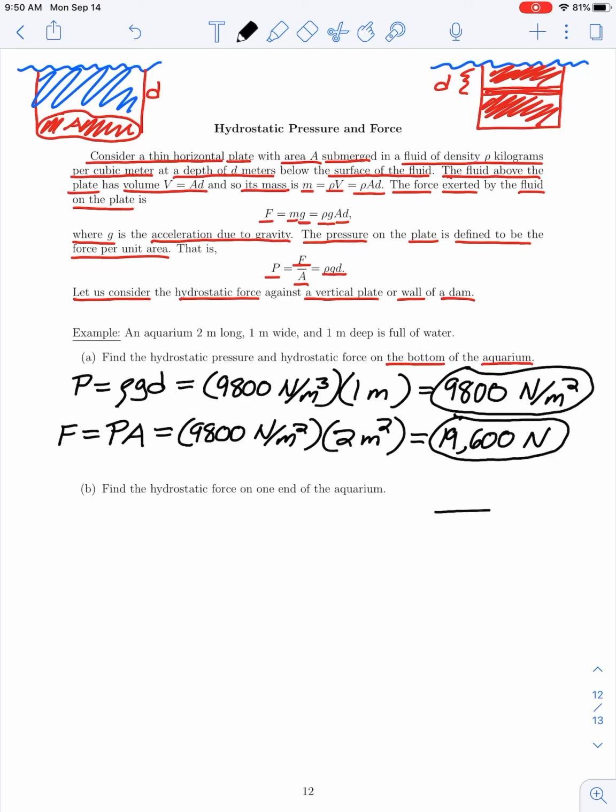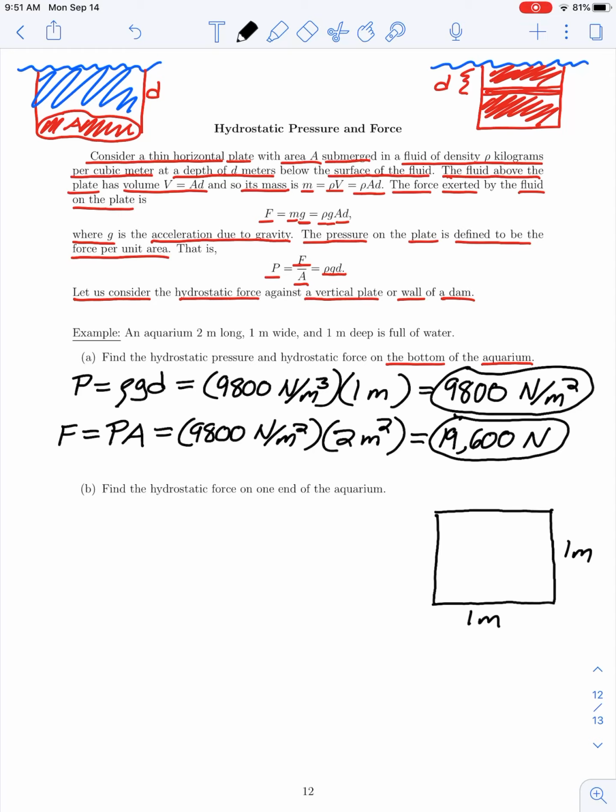So one end of our aquarium is shaped like a square. This was 1 meter wide, 1 meter deep. And in order to determine the hydrostatic force against this one end of the aquarium, well, we know how to calculate the hydrostatic force on a plate submerged at a fixed depth.